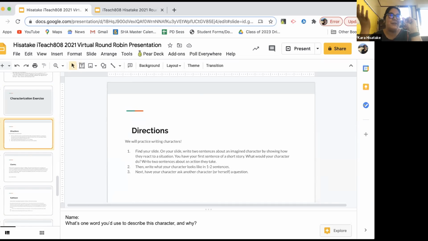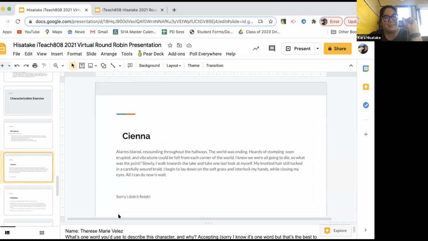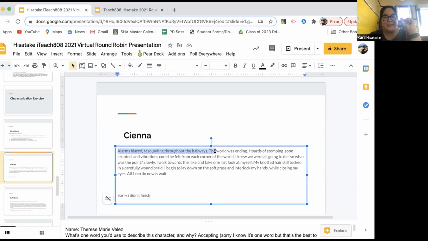So I gave them a first sentence of a possible story, and then they had to write about what their character would do, at least 2 sentences. And they had other directions there, but basically they had to imagine a character that would react to this one first line. And then the line was the same for everyone.